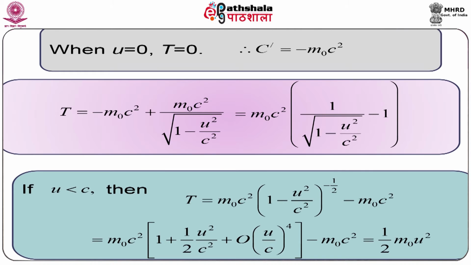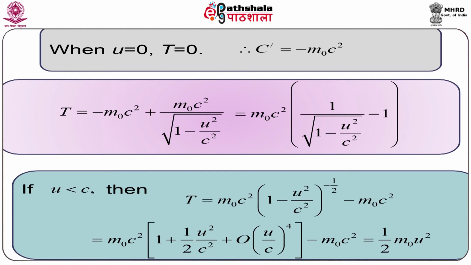So when u becomes 0, T becomes 0. Substituting these in the previous equation, we get the value of the integrating constant C dash as C dash equal to minus m0 c square.